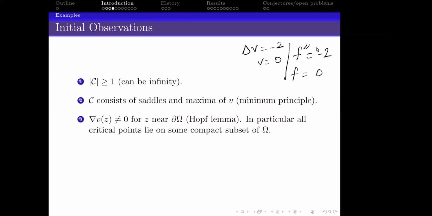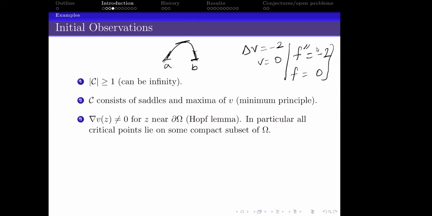If you draw this, it will be like an inverted parabola on the interval AB. And so the gradient cannot vanish near the endpoints; the derivative will not vanish near the endpoints. So it is sort of an analogy of this, but the proof is not like this. It's not a very trivial fact, this Hopf lemma. If you have not seen it, maybe you can just keep this analogy in mind and move ahead.